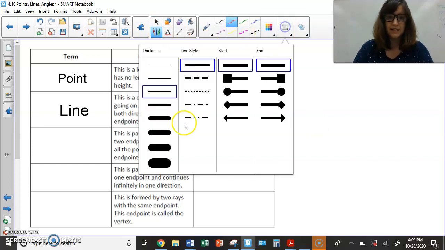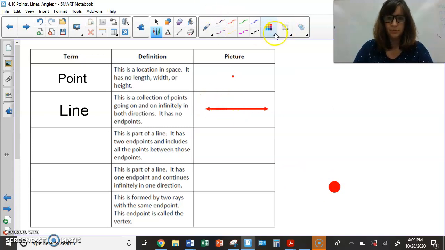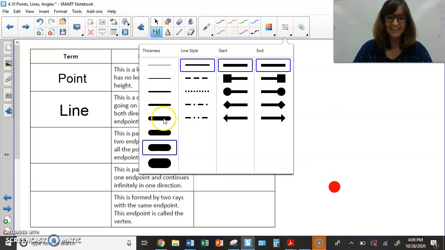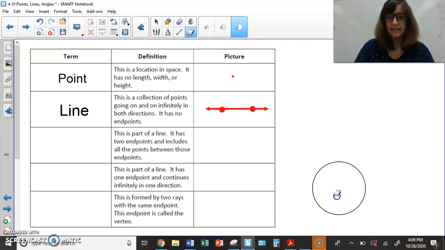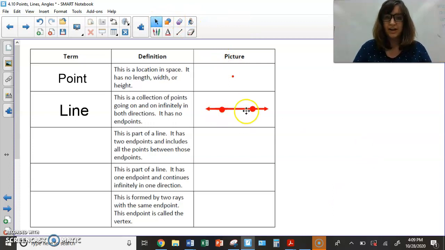So you might see some points on your line like this, or you might not, okay? But a line has an infinite number of points. So just because there are these two points here, and they might be named, they might have names A or B, there's an infinite number of them. I've said that a bunch of times. It's like infinity times, right?